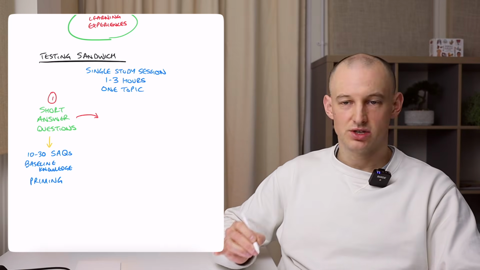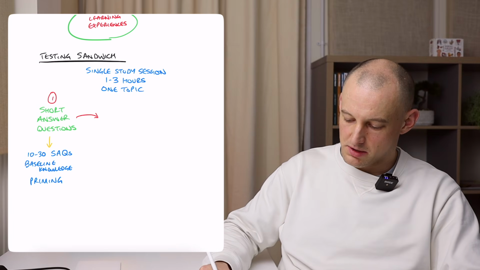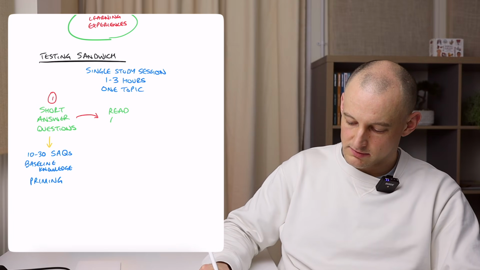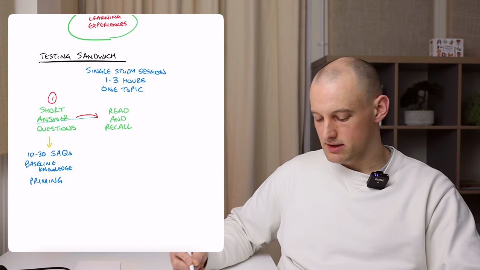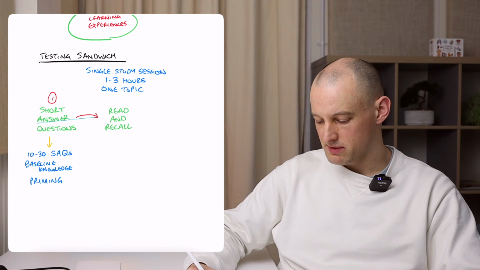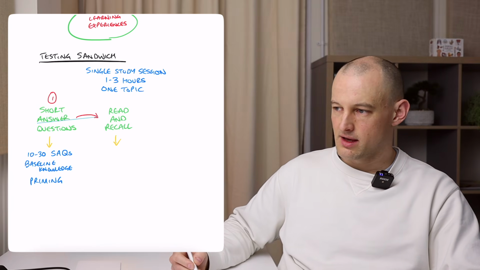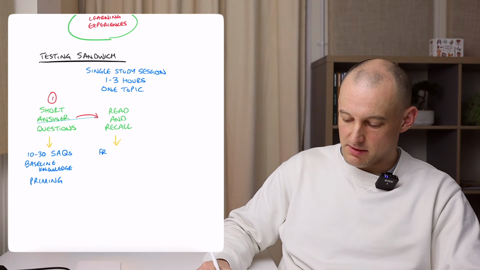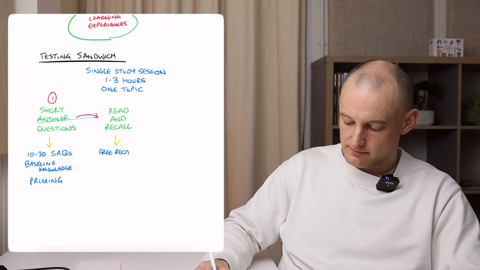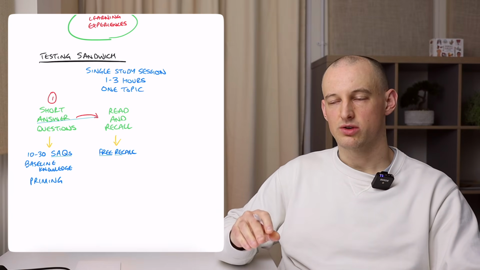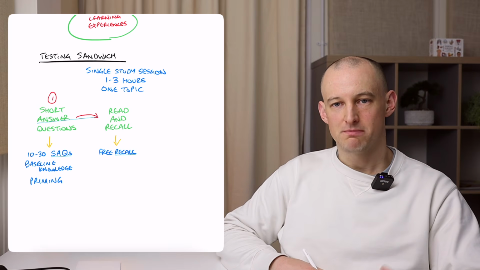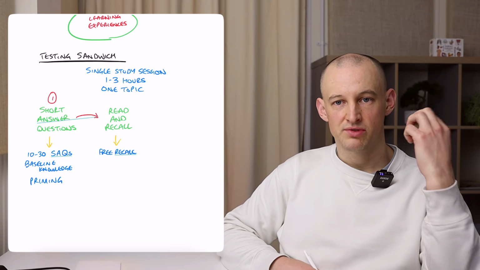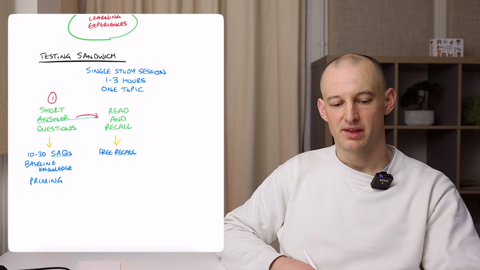Then when you've finished your short answer questions, then you go on to read and recall. So this is, which we've been through in a different video, is where you start with free recall on the topic. So you're doing lots and lots of free recall. The way you make memories is to retrieve that information from your memory.